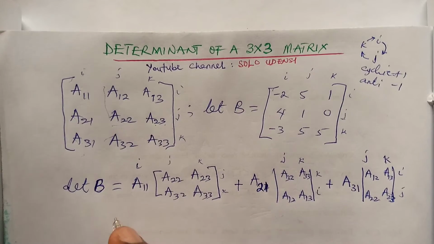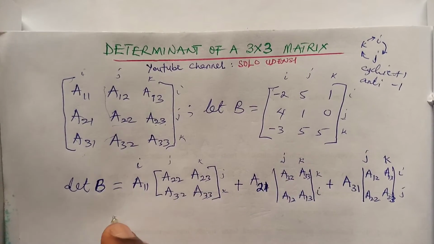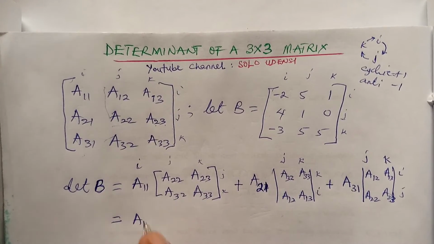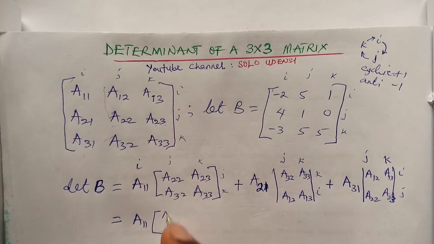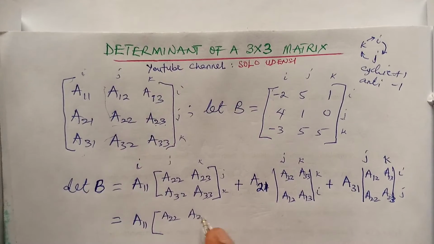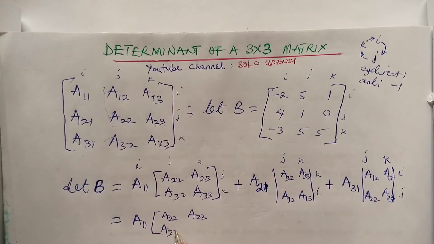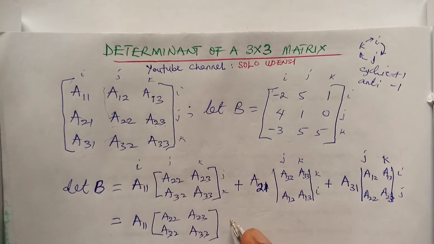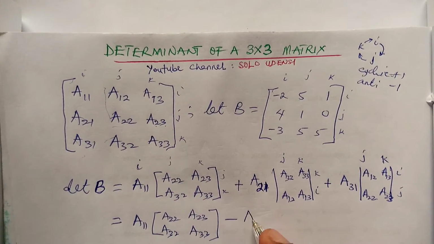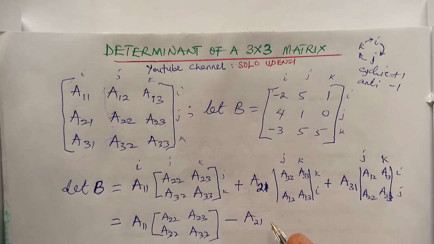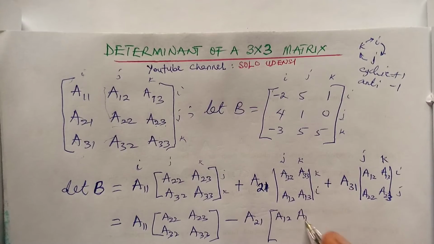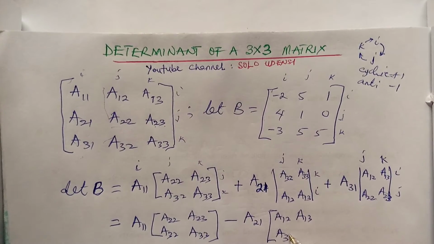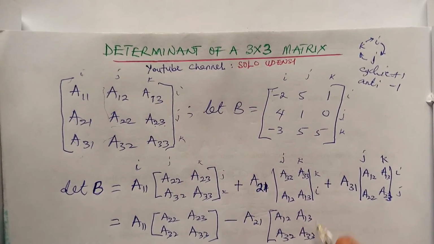So this thing that we have written is equal to A11, if you like, A22, A23, A32, A33, minus A21, then A12, A13, A32, A33.